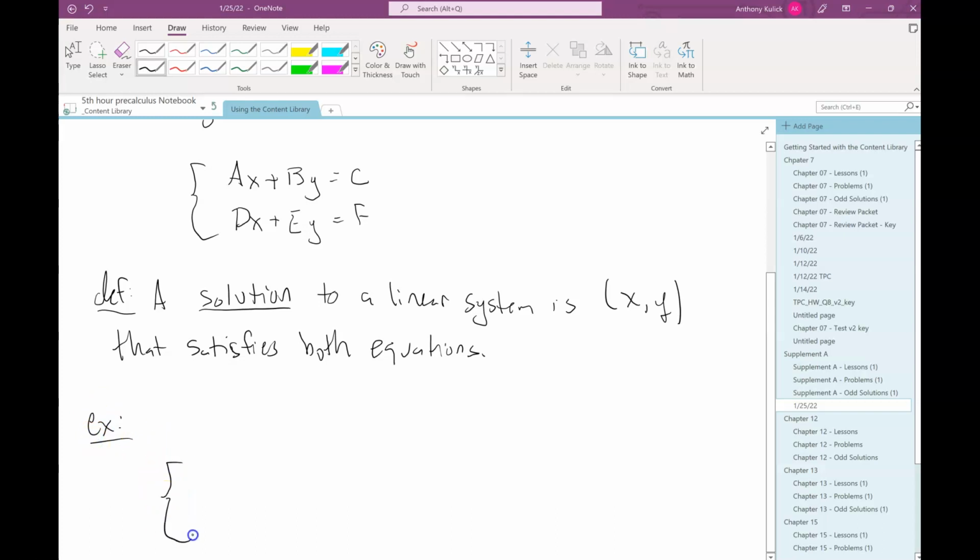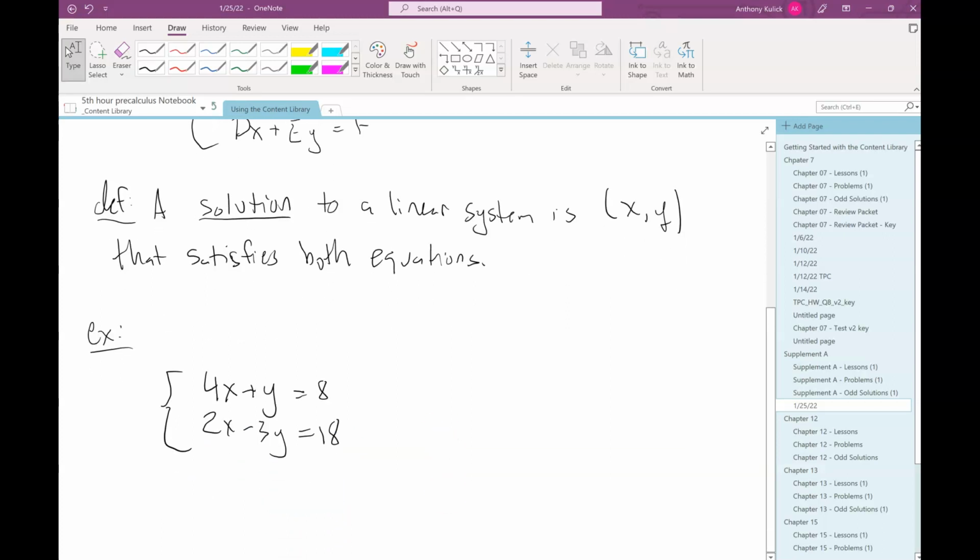So for example, let's say that we have the system 4x plus y equals 8 and 2x minus 3y equals 18.